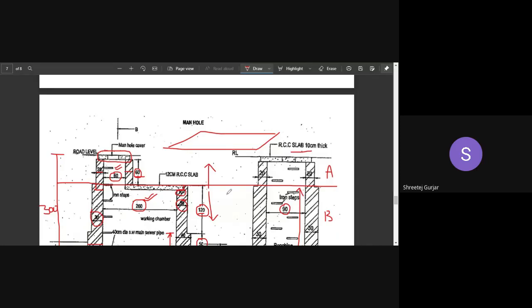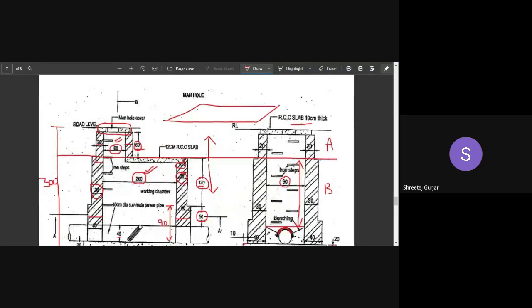Similarly, here you can observe it is from here to here, so it is 90 plus 10 plus 10, which is 110, and here it is 60 plus 10 plus 10, which is 80. So 80 by 110. That is for our above roof slab, and this is for our below roof slab.